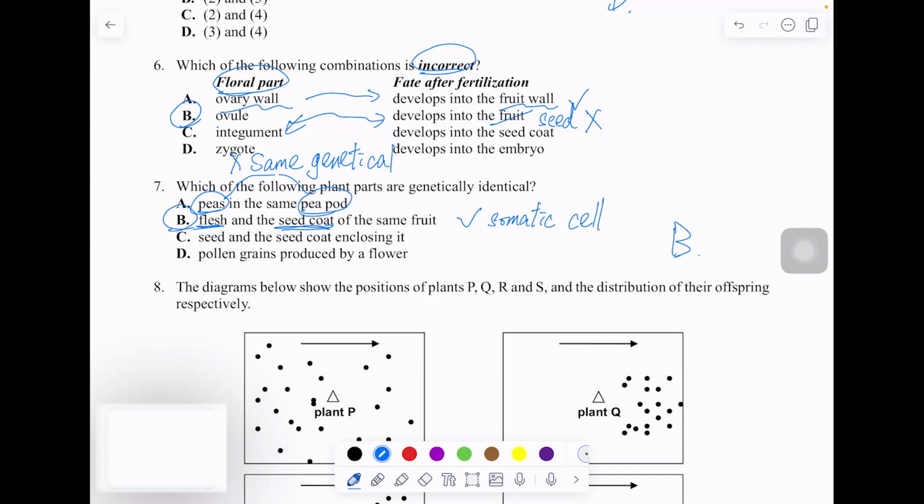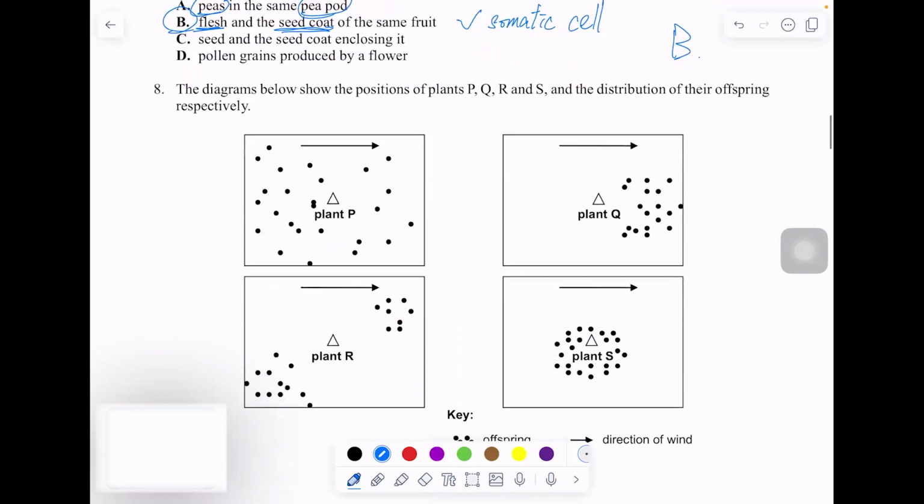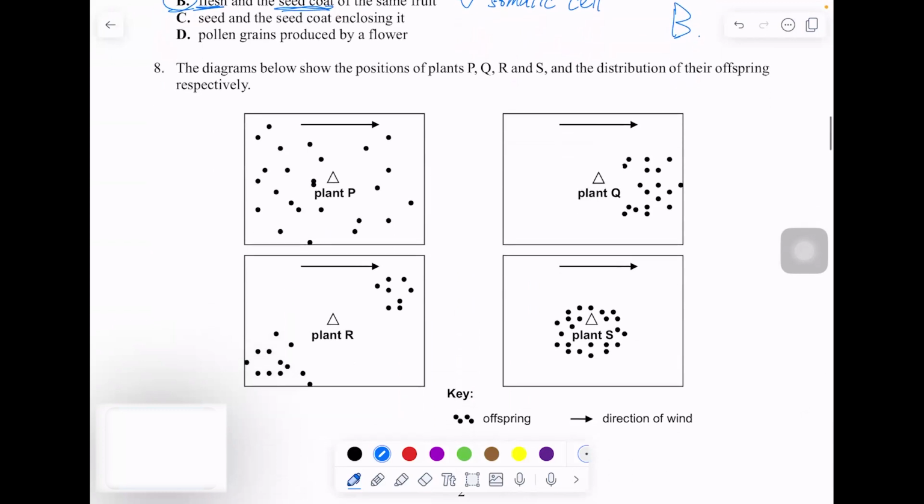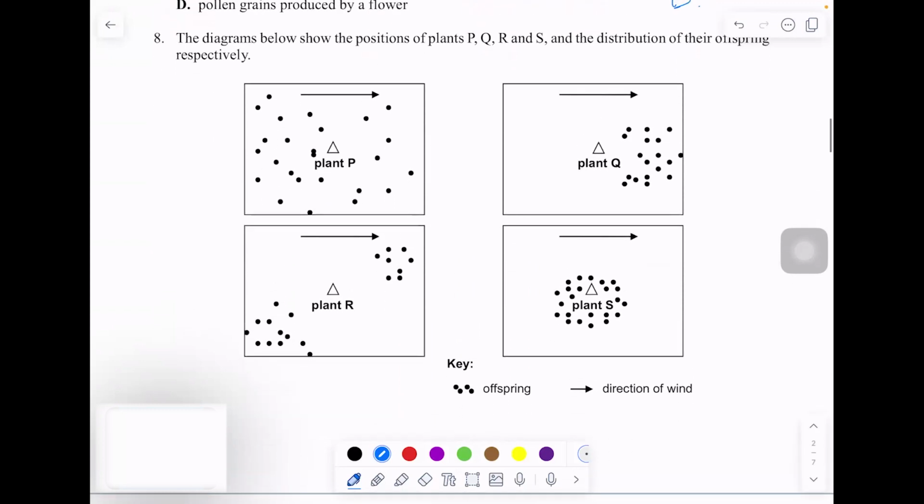And next, the diagram below shows the position of the plants P, Q, R, S and the distribution of their offspring respectively. The arrow indicates the direction of wind.